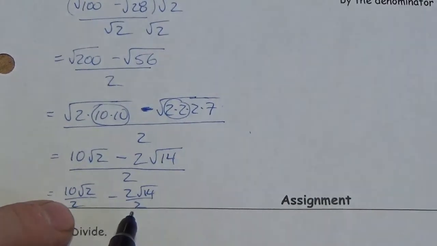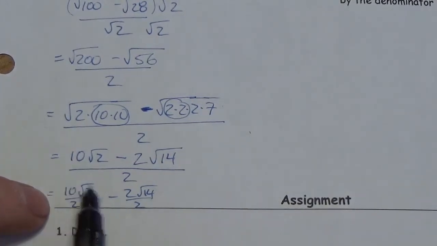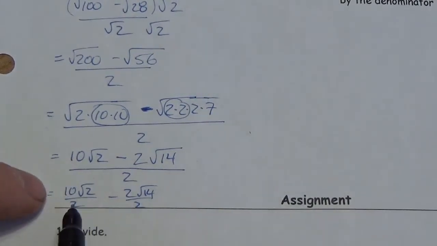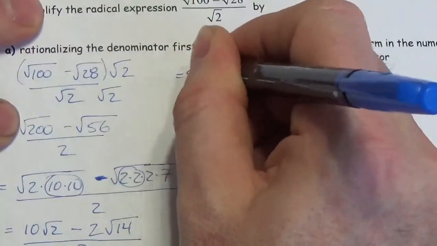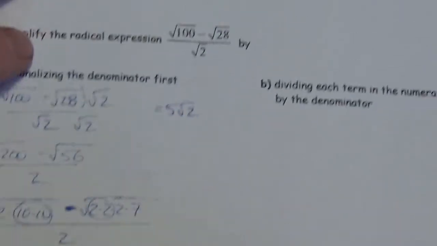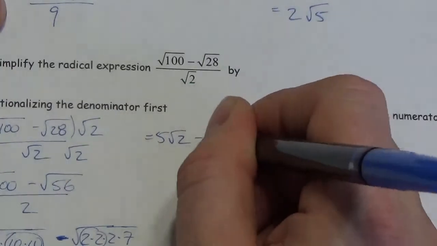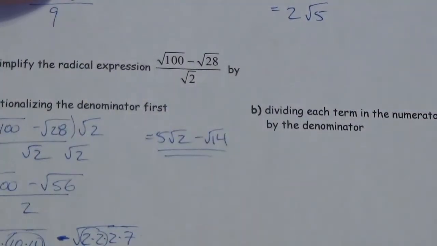Now, in both cases, because the denominator does not have a radical, it's just a whole number, I can just divide the coefficients. So 10 root 2 over 2 becomes 5 root 2. And then minus 2 root 14 over 2. Well, the 2's cancel. I'm just left with minus the square root of 14. And that's the answer that we're looking for.